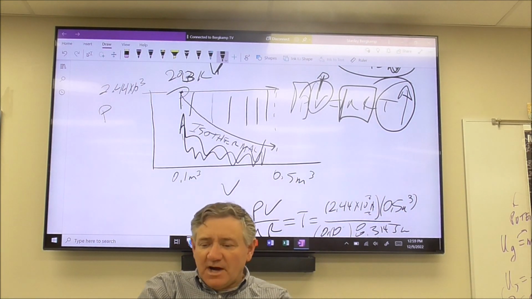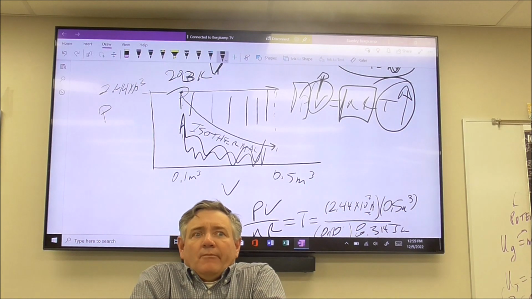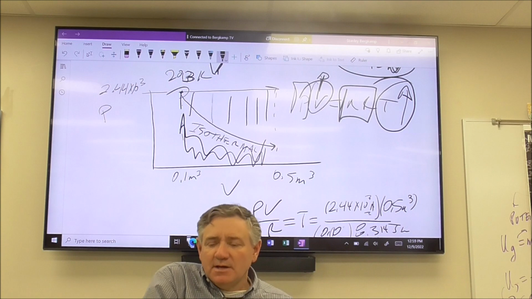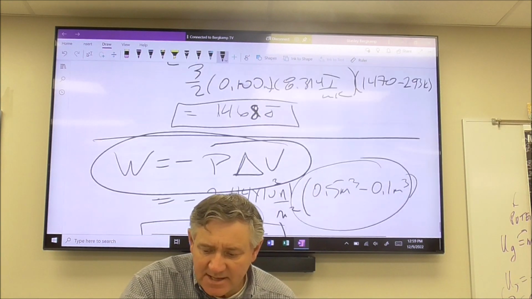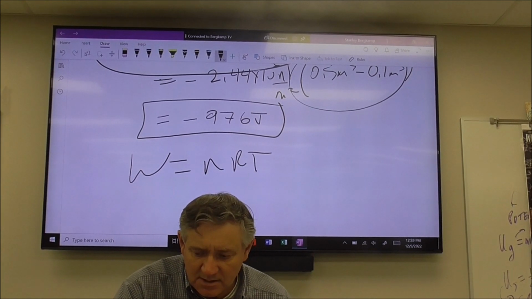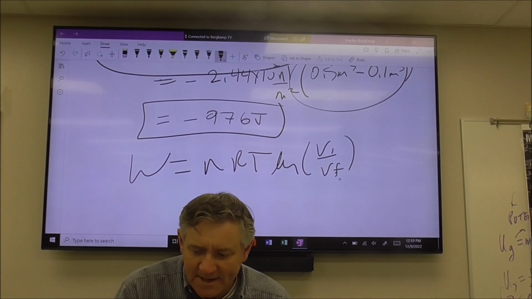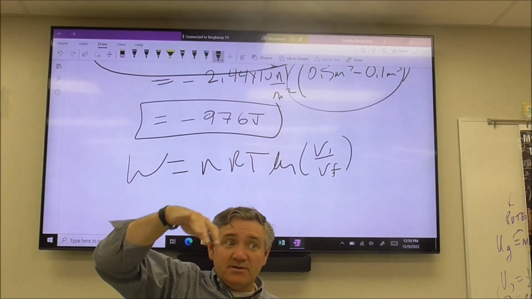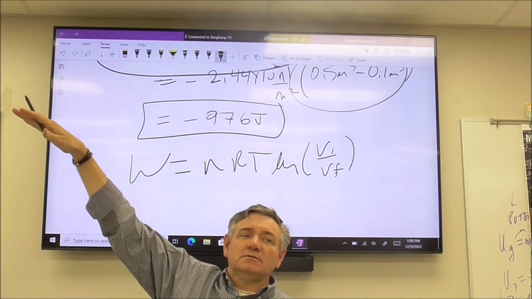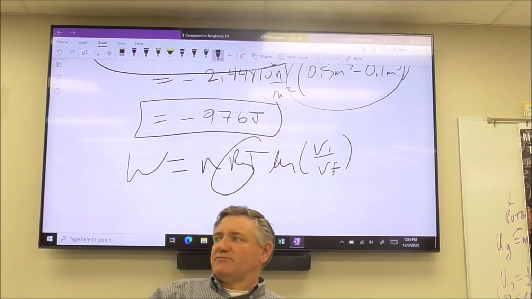If I tried to use work equals negative P delta V on that isothermal line, which pressure do I use? Because it's continuously changing. Now, just like I can't use that, why can't I use work equals nRT natural log of VI over VF on an isobaric line? Because temperature is not constant. I don't know what temperature I have to use.